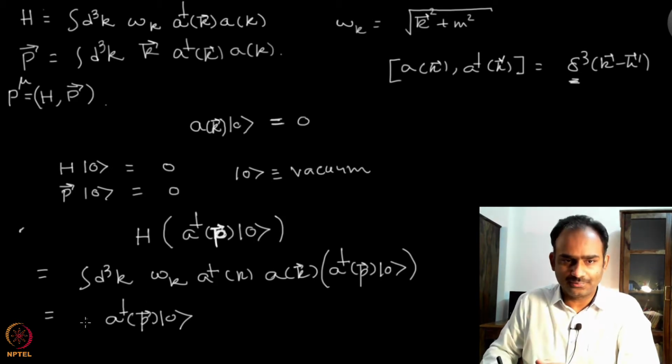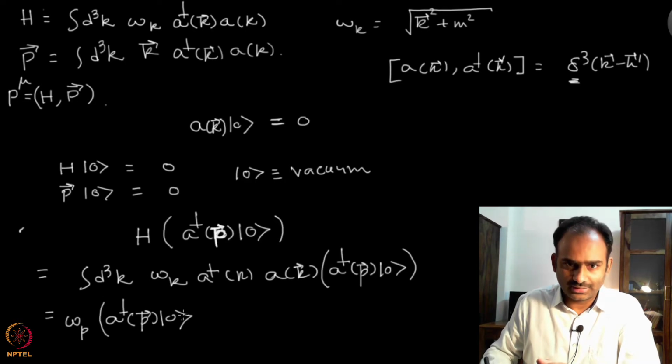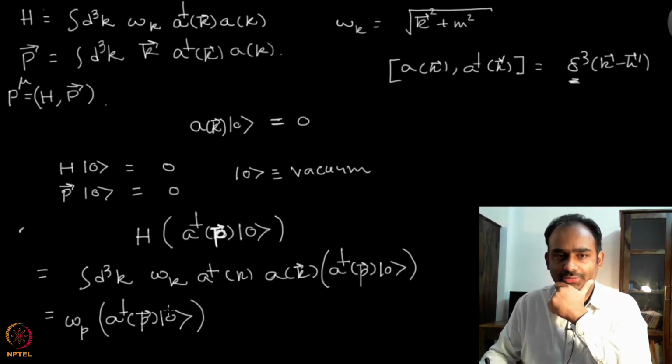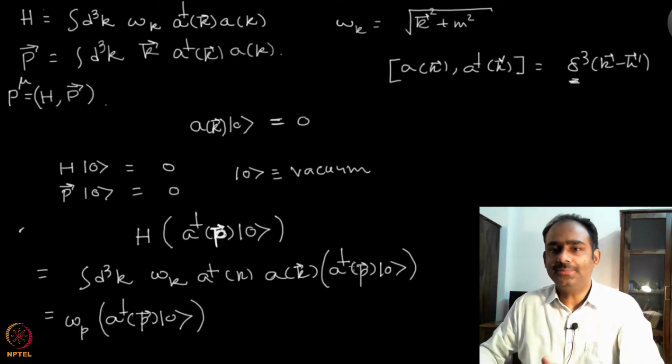This is what you will get. So, it is clear that this is an eigenstate of the Hamiltonian with energy omega p, that is good.